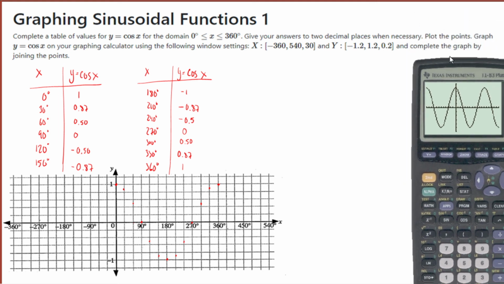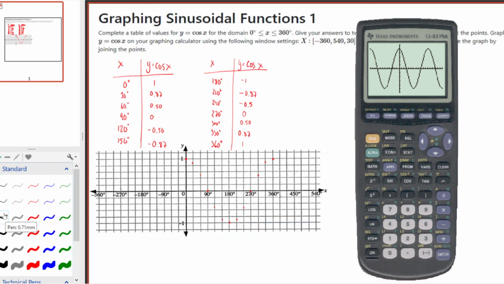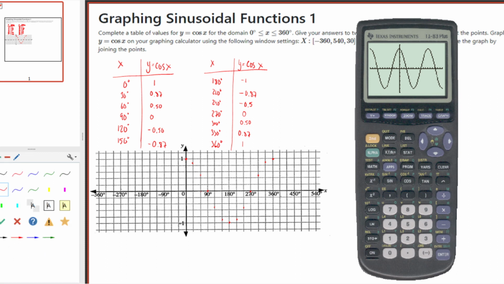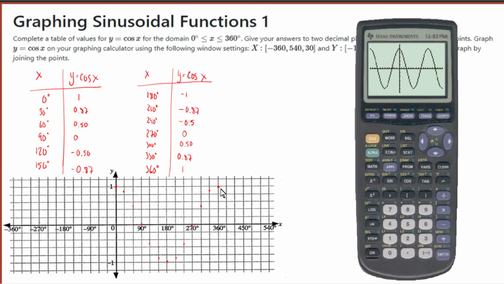And then the last step here is to complete the graph by joining the points. So it's going to be along something like this. We're going to go like this.